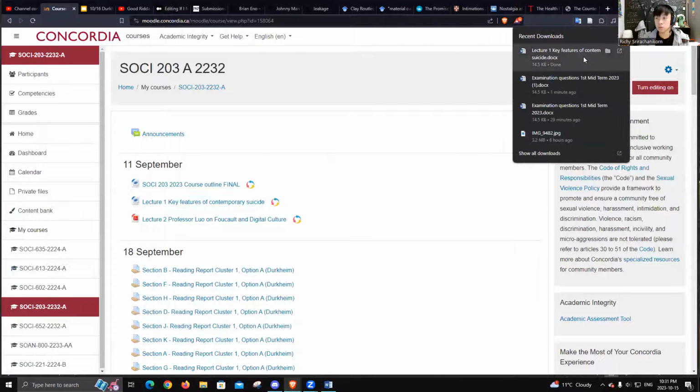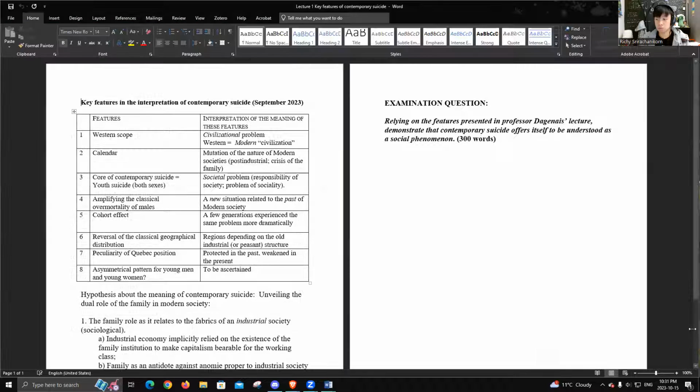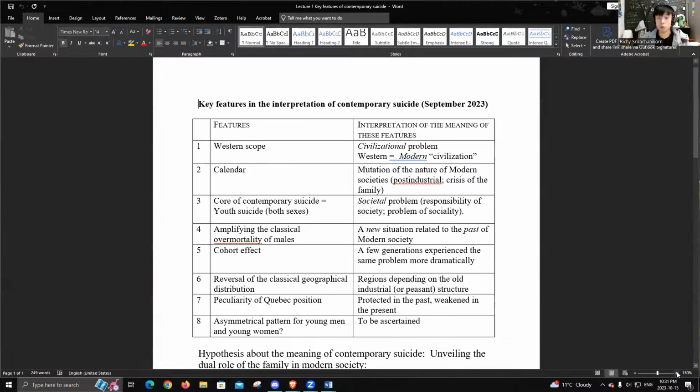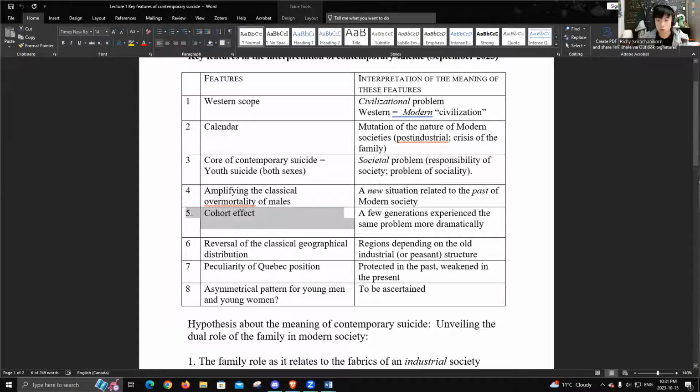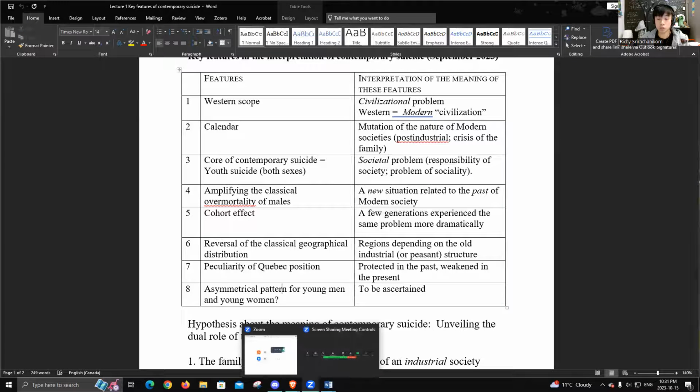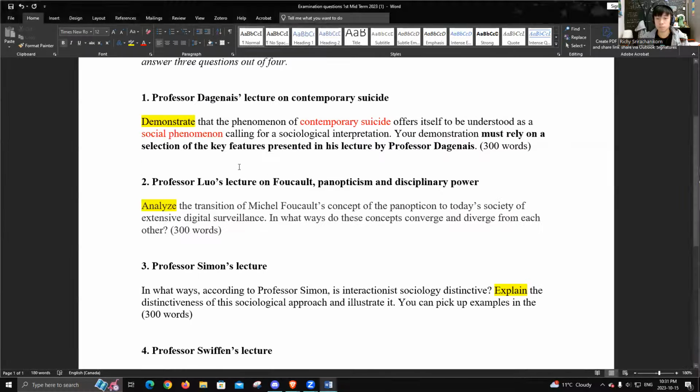So on Moodle, you can pull that right up and just give me maybe 4 points or 3 points, right? It's the cohort effect and explain. It's the peculiarity of the Quebec position and explain. Western scope, right? Explain. And refer, of course, to the notes that you took during that lecture.